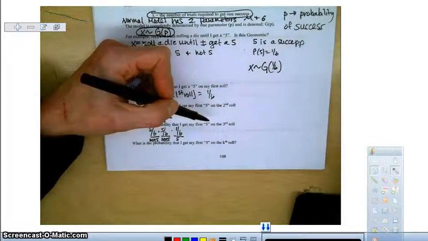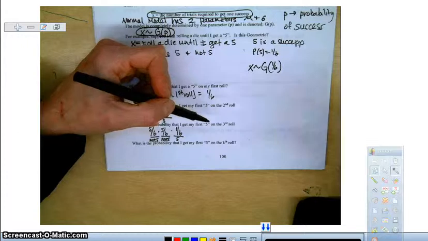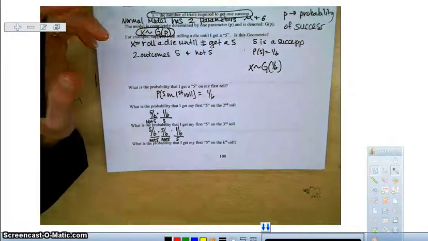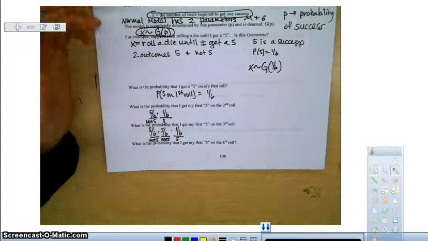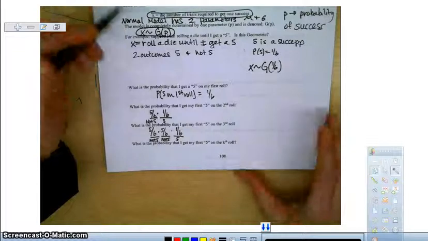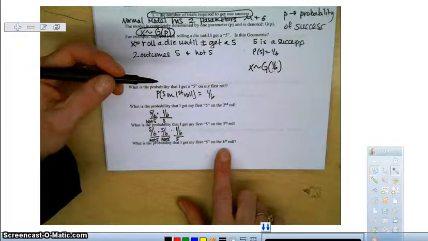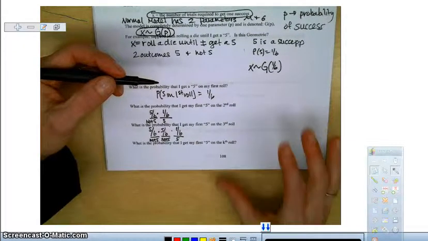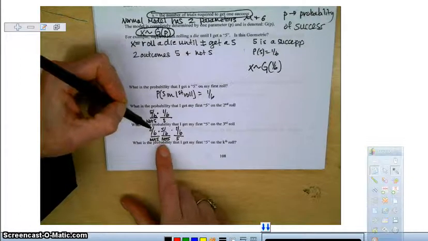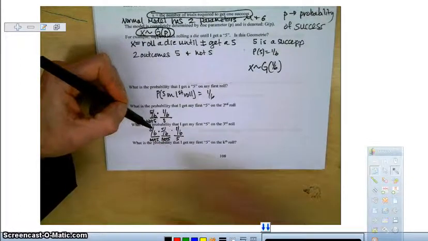Okay, in other words, they're asking for in general, on any roll, let's say I said, what's the probability that I get a 5 on the 15th roll? How would you figure that out? Well, you know, the kth roll, any given roll, how many times are you going to multiply the not probability? 1 minus the total.